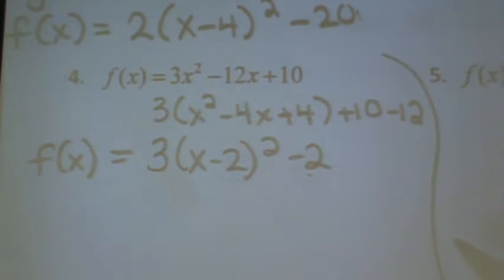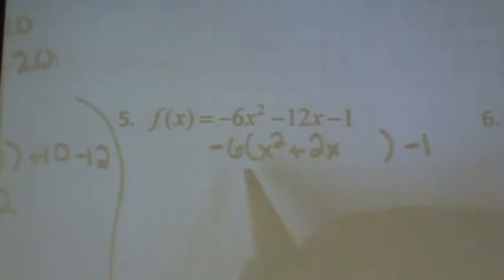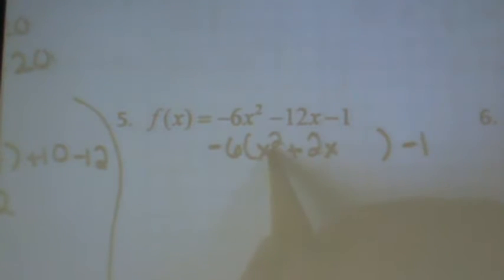Next one. I'm going to factor a -6 out of the first two. -6 times x squared plus 2x. Slide -1 over. So make sure you do this correctly. -6 times x squared plus 2x, and then minus 1. Do not take the 6 out of the 1. Don't divide that. So take half of 2, which is 1, and square it. You're going to add 1.